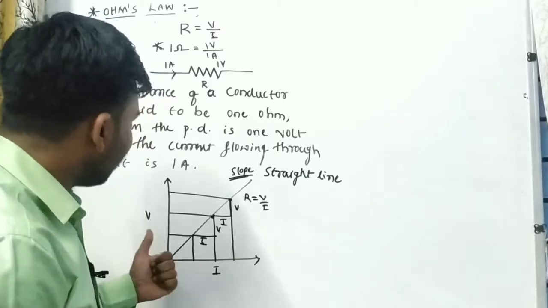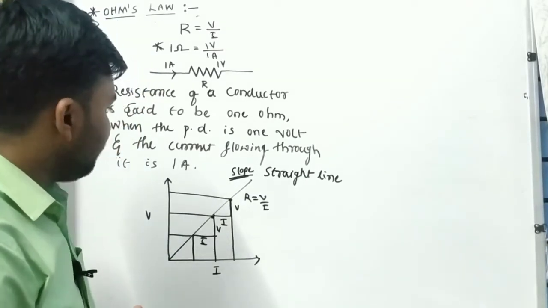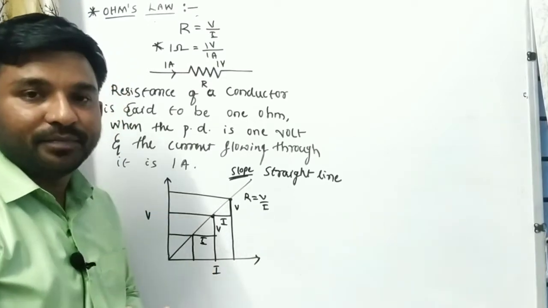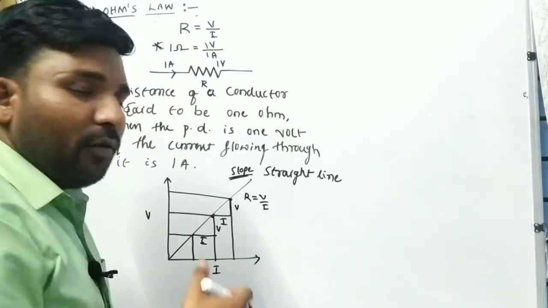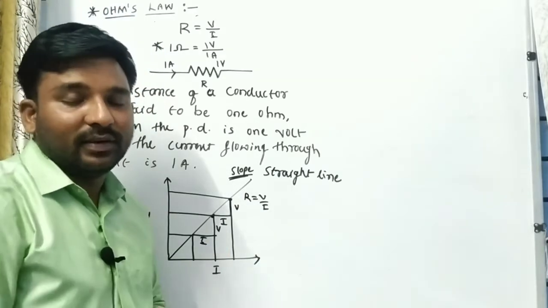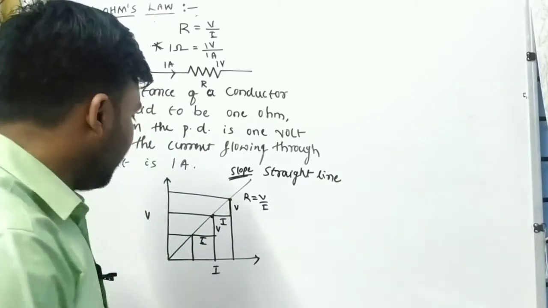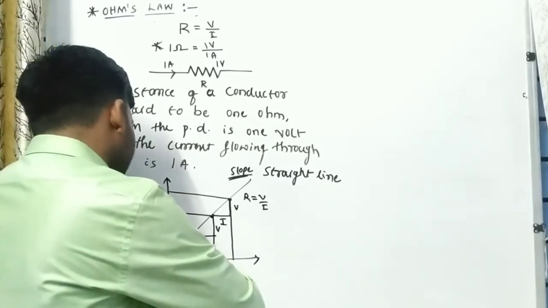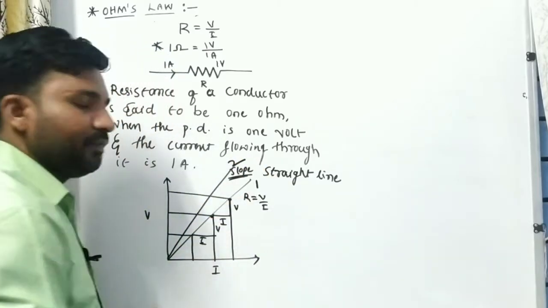In the examination they will ask a question. Now let's suppose we have one more conductor, one more resistor, and we have plotted the graph for that other resistor and got the same nature of graph. I will draw that graph in this one only. This is conductor 1 and this is conductor 2.